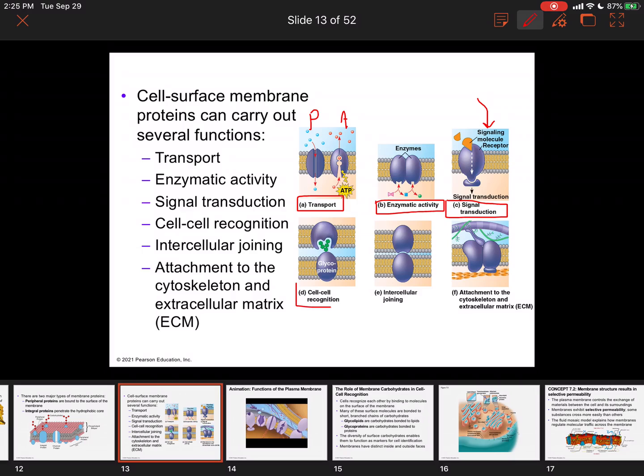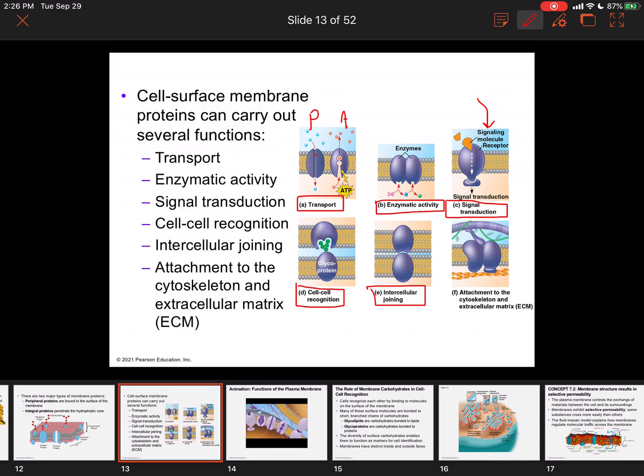Cell-to-cell recognition, so a blood cell can recognize another blood cell based off of the proteins and the carbohydrate tails that are attached to the surface of the cell. Also, intercellular joining. Sometimes cells come together to form tissue, and they attach themselves together using those proteins found on the surface of their cells.